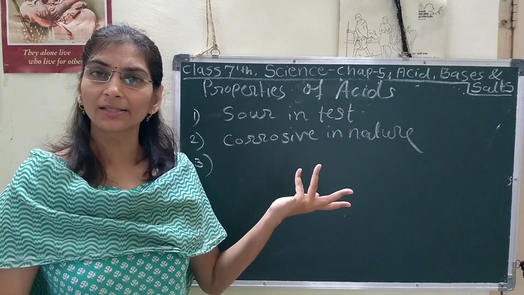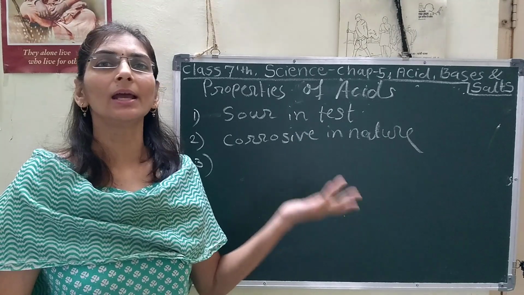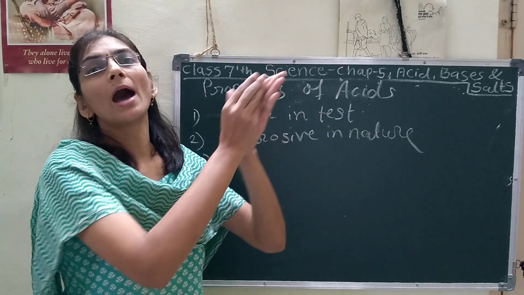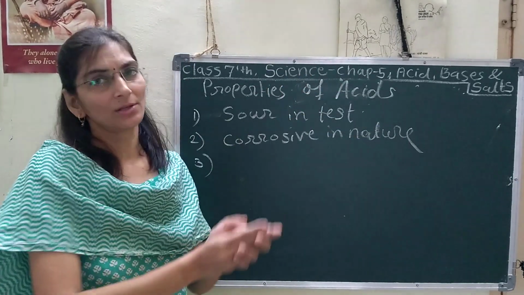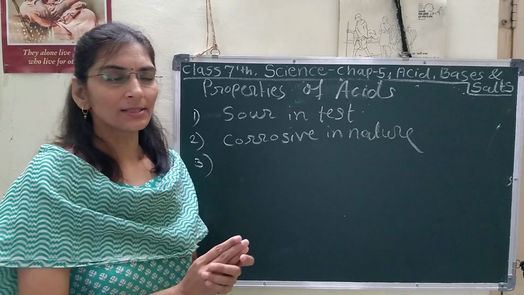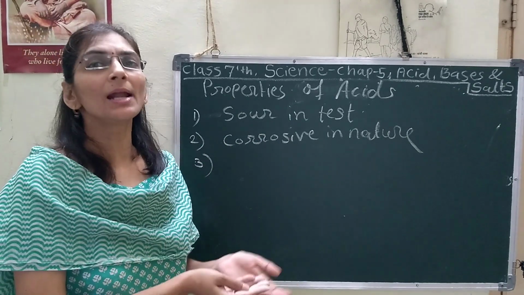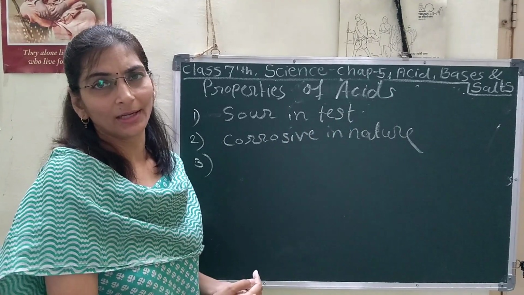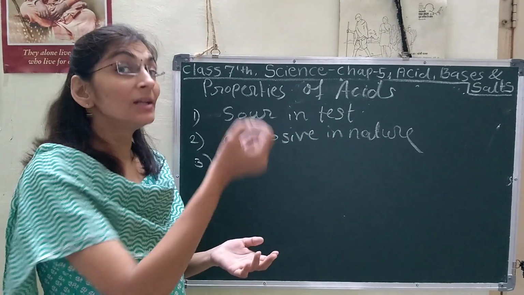Why can they conduct electricity? Electricity is nothing but the flow of ions. This is the cause of conducting electricity. So if acids can conduct electricity, it means they must release ions.